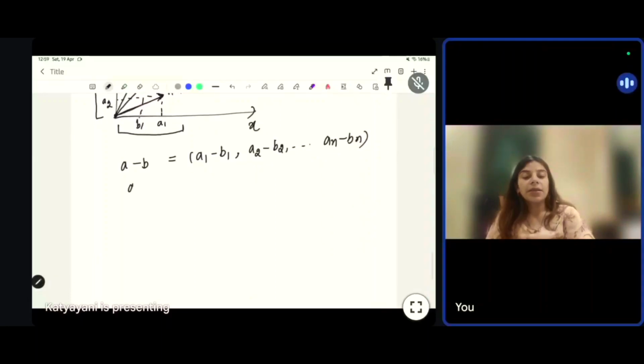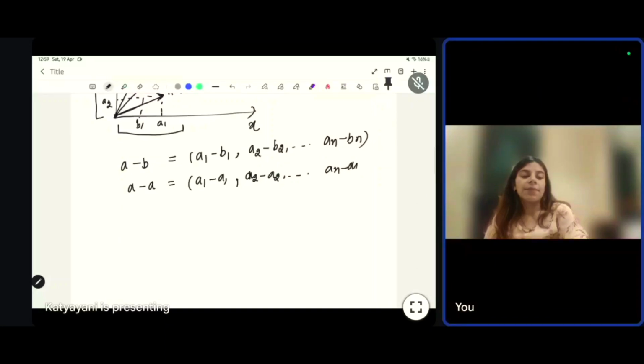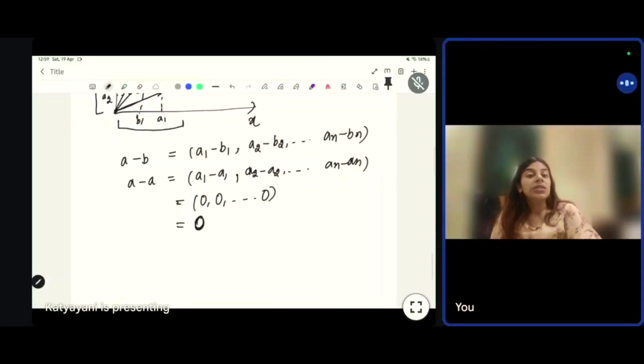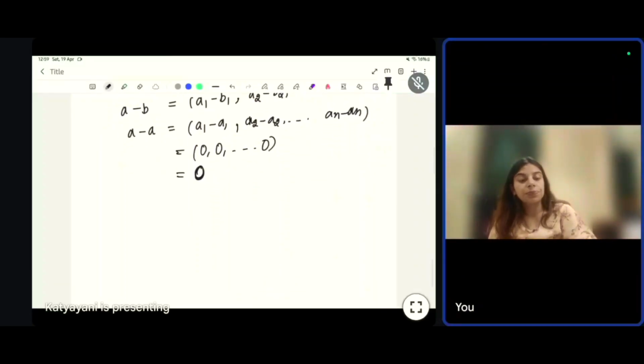If I am subtracting the same vector, if I subtract a from a itself, what does it mean? a1 minus a1, a2 minus a2, and so on till an minus an, which means that you have a zero vector, right? So here you can write this as a bold zero, a zero vector of order n, right? This is how you subtract two vectors.